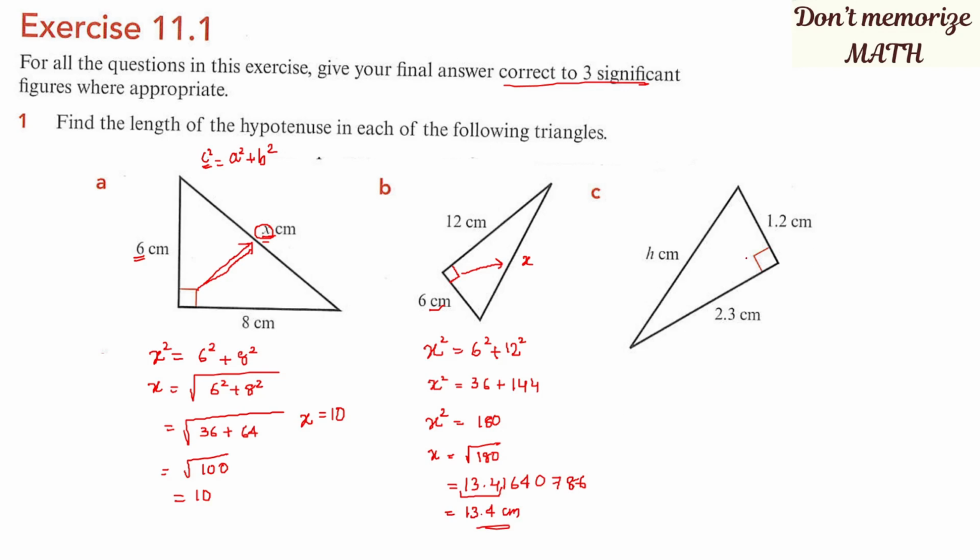Next one, opposite of 90 degrees is h. So opposite of 90 degrees, the hypotenuse, is h here. So h squared equals the sum of the squares of the other two, that is 2.3 squared plus 1.2 squared. We are using Pythagoras theorem here. So h will be equal to the square root of 2.3 squared plus 1.2 squared.